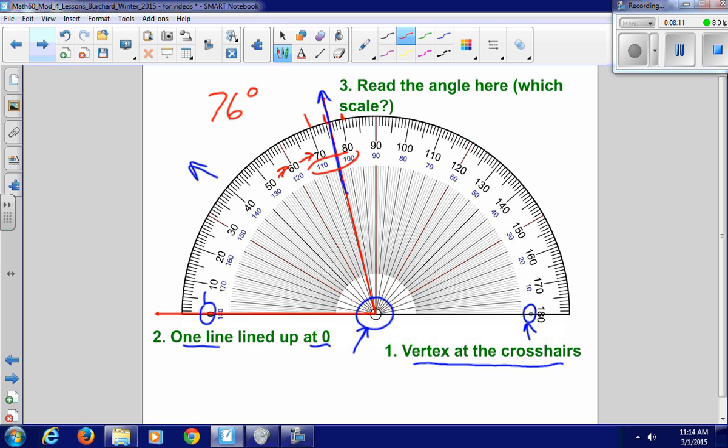And just remember that a 90 degree angle, you know what a 90 degree angle looks like. It's a right angle. And this angle is less than a 90 degree angle. And so if you read the wrong scale and you say that it's a 104 degree angle, you should be able to look at the angle and say, that doesn't make sense. I must have picked the wrong scale to read.